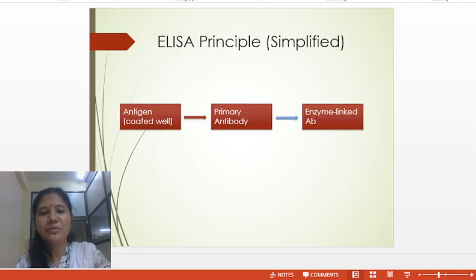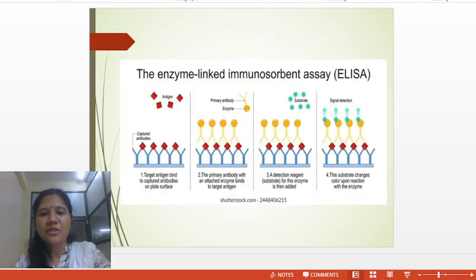So here is a small chart for the process of ELISA, the principle. The antigen will be coated in the well plates, then primary antibodies will be applied on top of this, and finally it will be detected with the enzyme-linked antibody. So these are the different types and how we can conduct the normal ELISA.